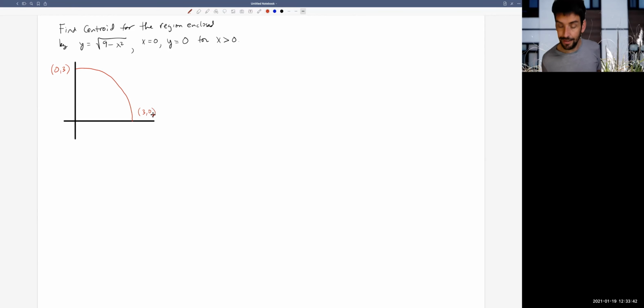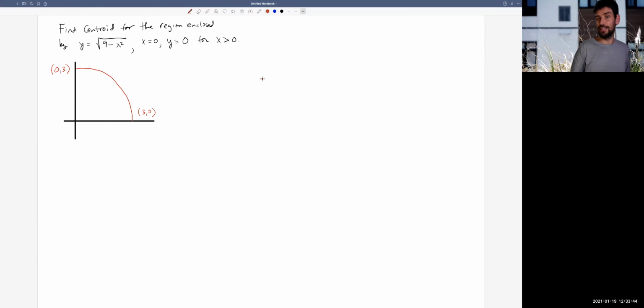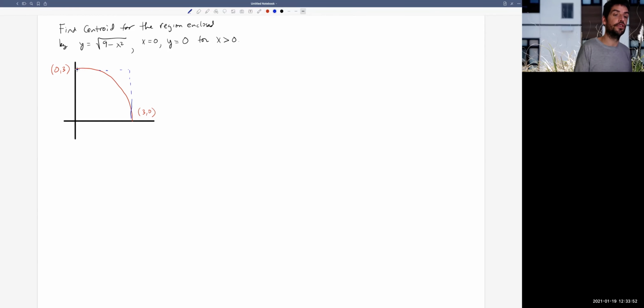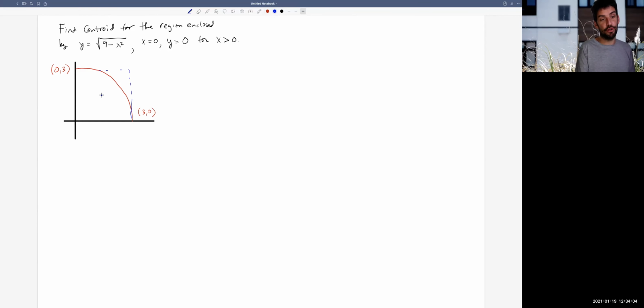And we want to find the centroid of this object. I always like to estimate things when I can. If I imagine this is a square, this circle would fit in a square with side lengths 3. The centroid would be right in the middle of that square by the symmetry principle. We've chopped off some of that upper corner, so the centroid should move towards the bottom.